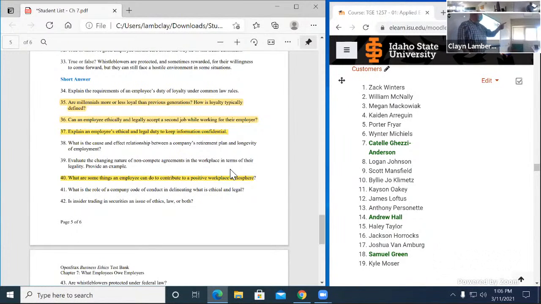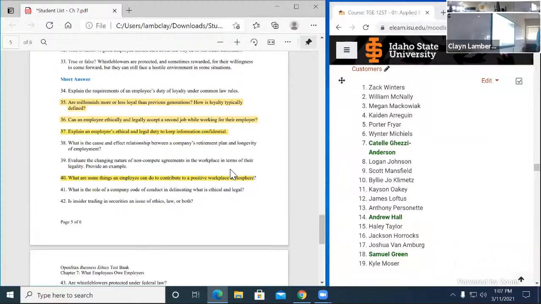The difference between your ethical duty to confidentiality and your legal one: your legal duty to confidentiality is which things are specifically articulated either in your contract or in other contracts that you sign with the company about things you will or will not disclose. And you are only bound to the letter of what those contracts express.